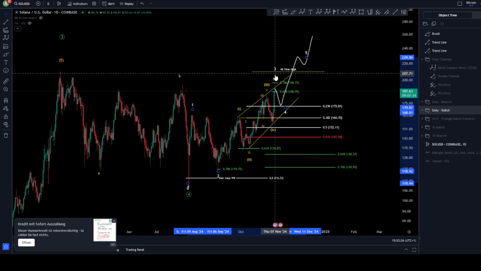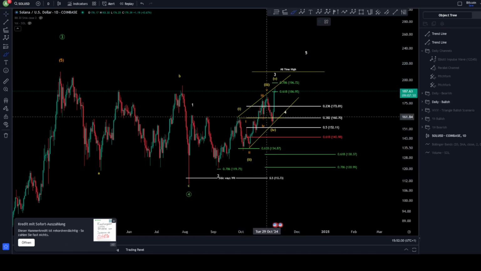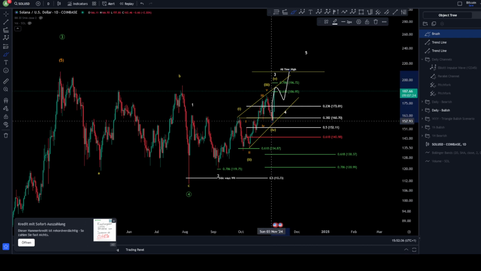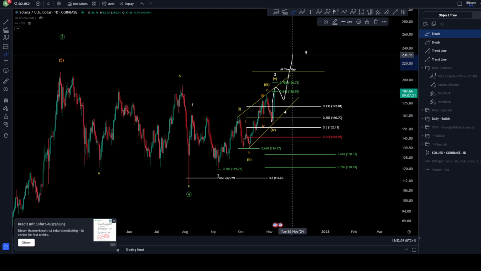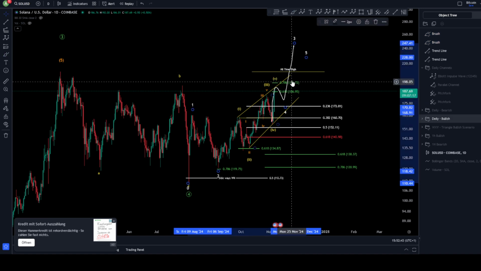That is still a possibility, but it is a little bit hidden yet, because only if we get a higher leg here than your wave 1, then this might be a wave 3. A very big wave 3.